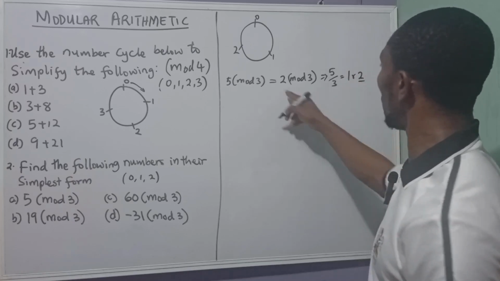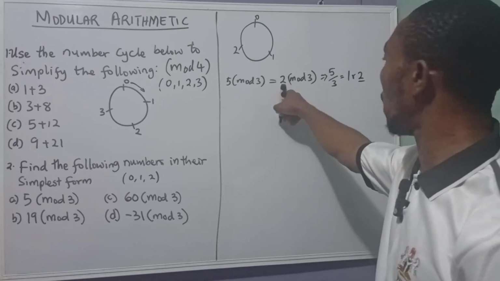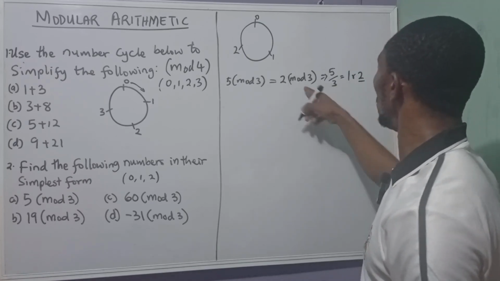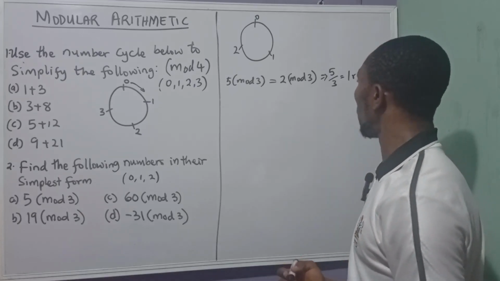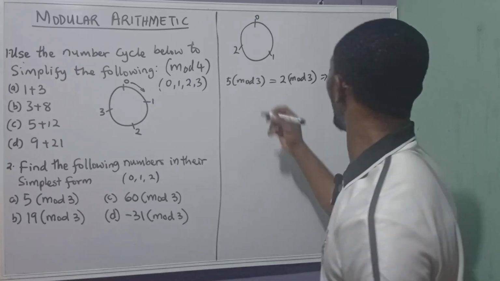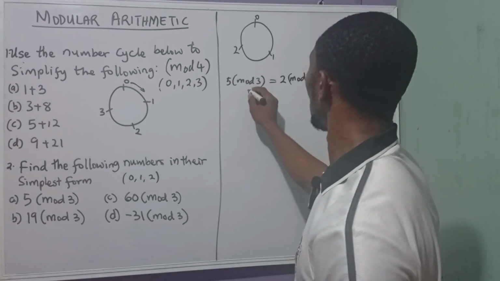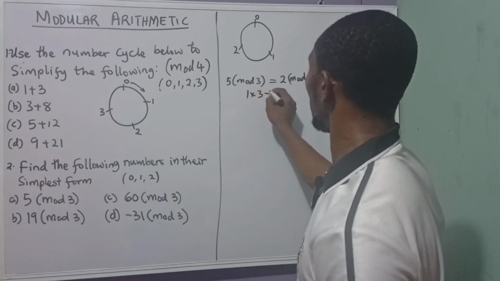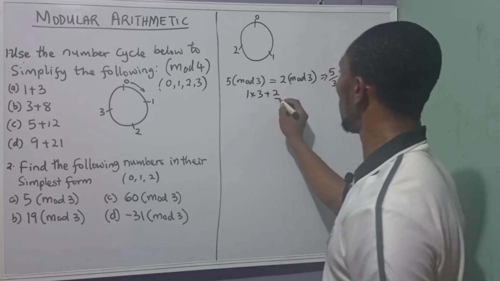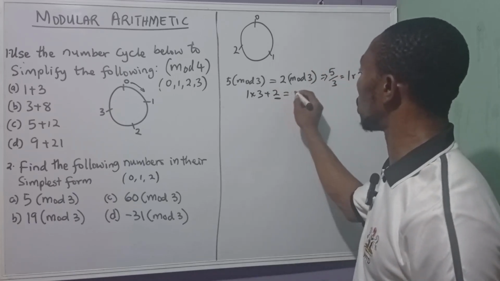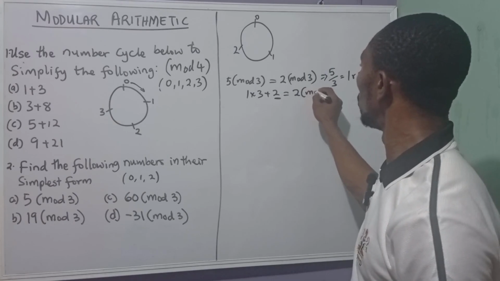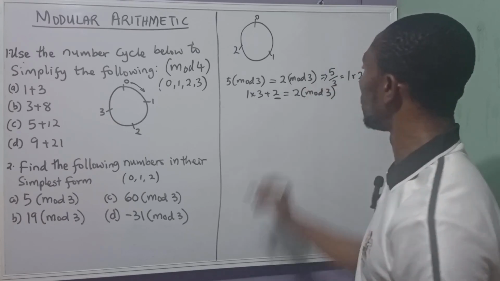So this remainder is what we are writing down here as 2 mod 3. Or if we go by the other method, where we have 1 times 3 plus 2, this remainder gives us 2 mod 3.